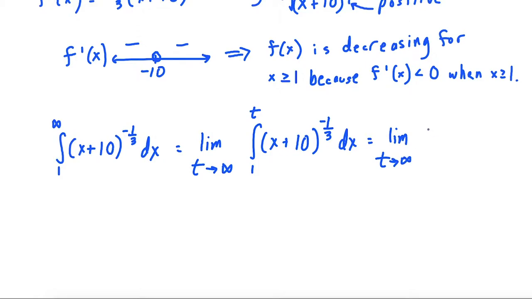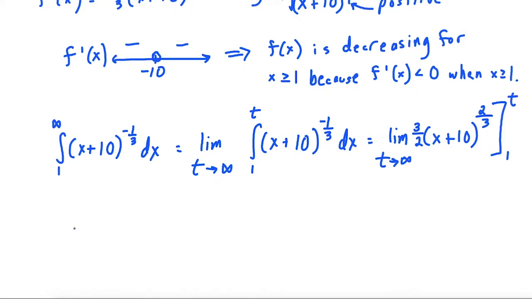And when we do this antiderivative, we're going to have x plus 10 in parentheses. And when I do negative 1/3 plus 1, I'm going to have a power here of 2/3. And then I write the reciprocal here in front, 3/2. And then I write my limits of integration from 1 to t.